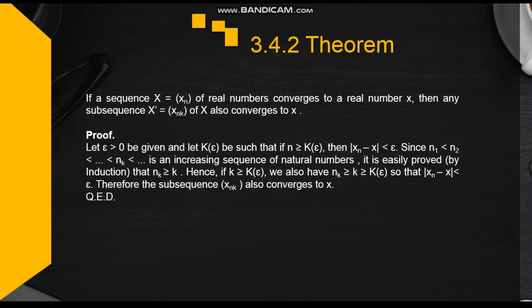Hence, if k is greater than or equal to K(epsilon), we also have nk greater than or equal to k greater than or equal to K(epsilon), so that |x_{nk} - x| < epsilon. Therefore, the subsequence (x_{nk}) also converges to x.